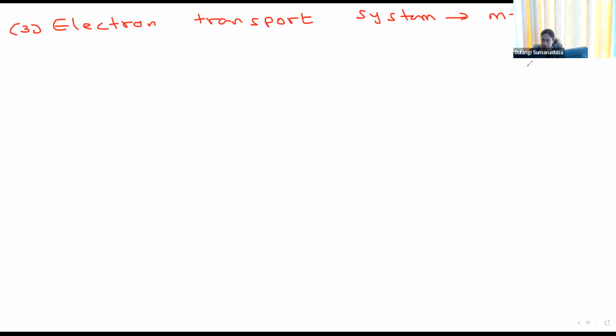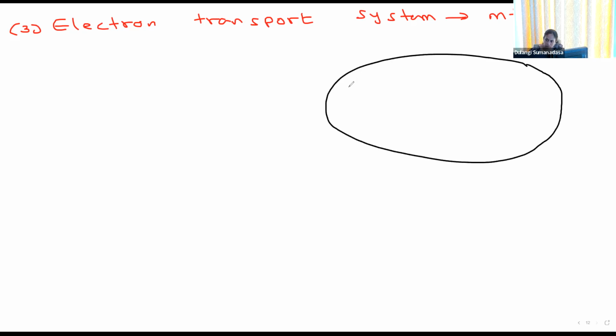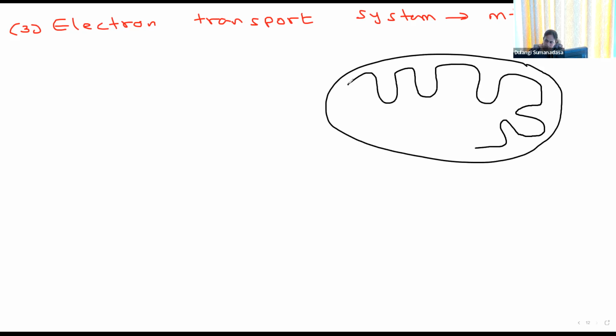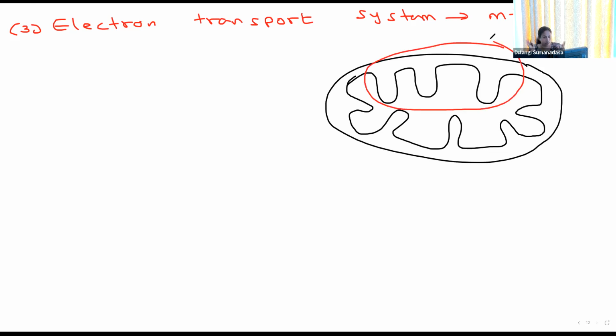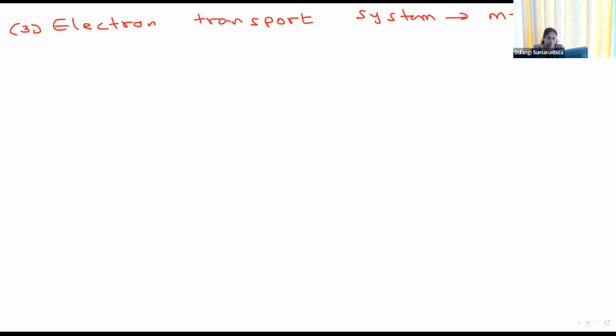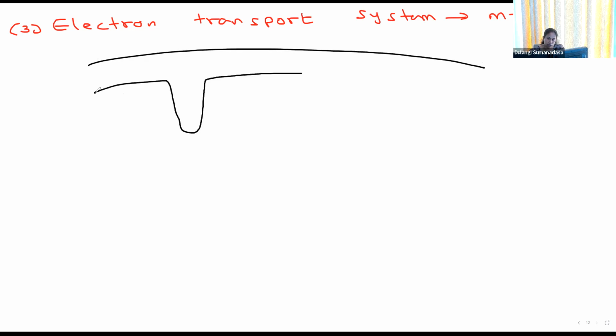Right, so I'm going to just draw part of the cristae. I'm going to enlarge this part and draw a massive cristae. So let's draw the cristae. So this is the outer membrane and this is the inner membrane.